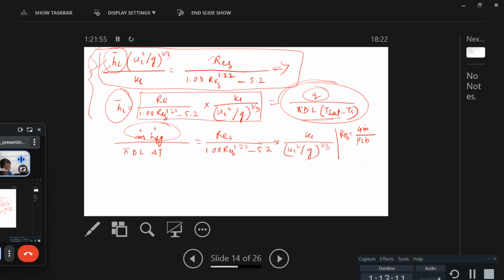Now again instead of m dot we can write RE into B divided by 4. Okay, so this will be all known terms. So this one we will put instead of this m. Okay.